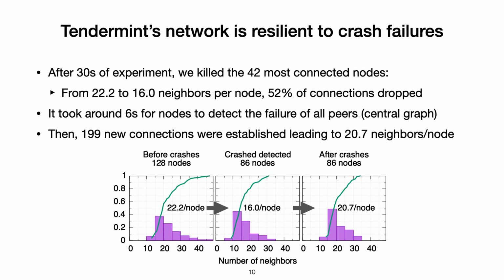Note that some nodes have less than 10 connections, which triggers the peer-to-peer module to establish new connections. In fact, almost 200 new connections are established, resulting in the distribution on the right with about 20 connections per node on average. So, not only was the network resilient to the crashes and kept its connectivity, but it was also able to reconfigure itself to ensure a minimal connectivity, so at least 10 connections per node.